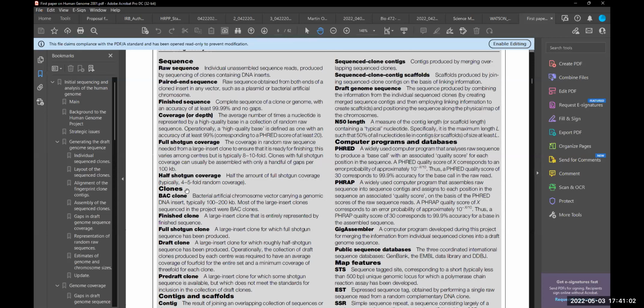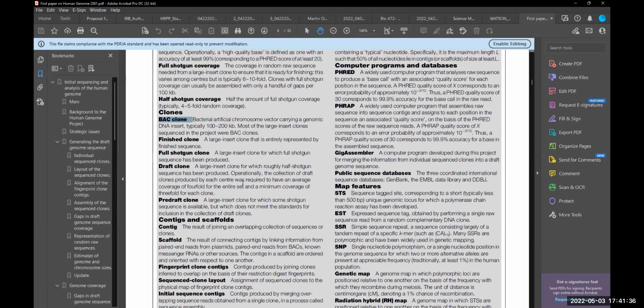In the first or second chapter, we talked about various vectors that are used for cloning. For human genome cloning, BAC was used. What is BAC? A bacterial artificial chromosome vector carrying a genomic DNA insert, typically between 100 to 200 kilobases. BAC clones were used to create a library of human DNA.